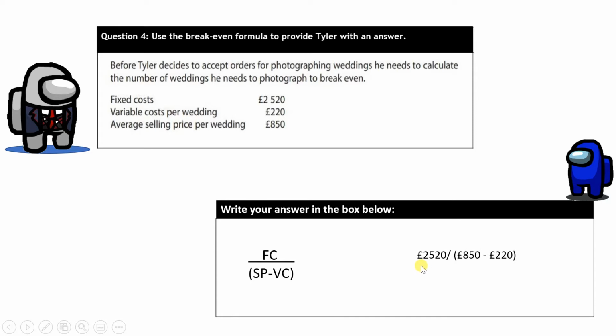So that gives us fixed cost of 2,520 divided by the sales price, which is 850 minus £220. The final calculation is 2,520 divided by 630, because that's the answer to the sales price minus variable cost, and that gives us 4. Tyler needs to do 4 weddings in order to break even.